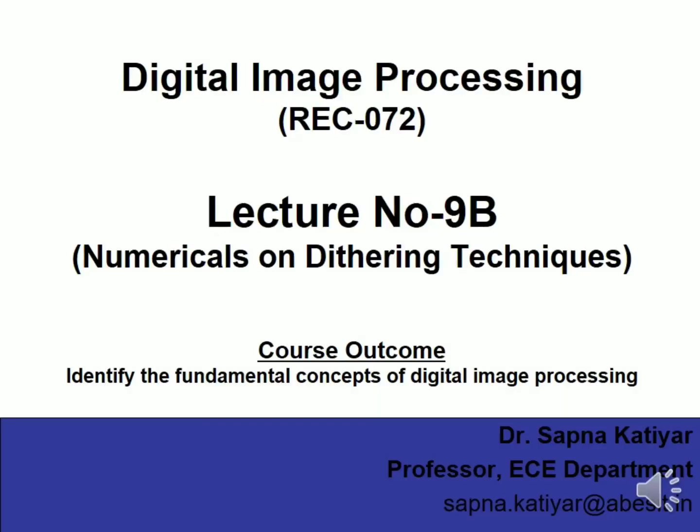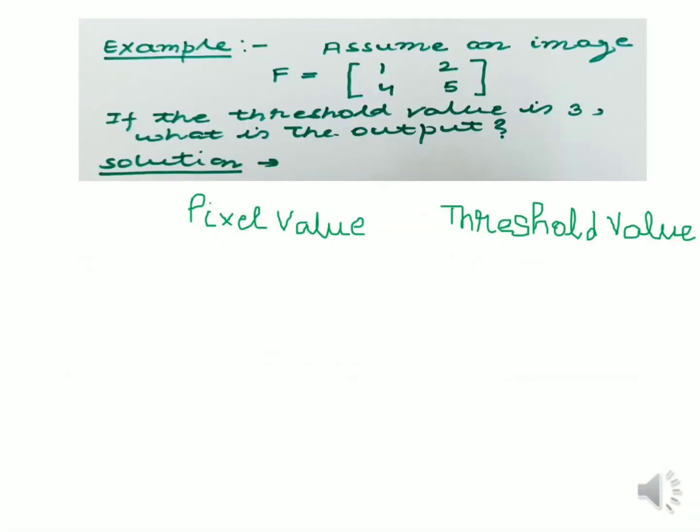Let us begin with the examples of thresholding. First question is, assume an image F. It is of size 2 cross 2. Here the threshold value is given as 3. What is the output? This question is a perfect example of single thresholding.